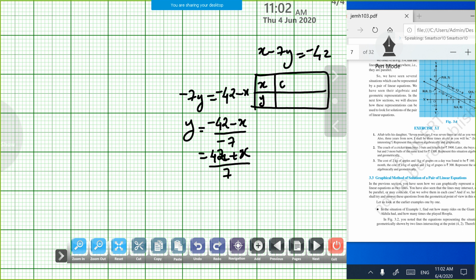Then put x is equal to 0, what is y? 42 divided by 7, that is 6.